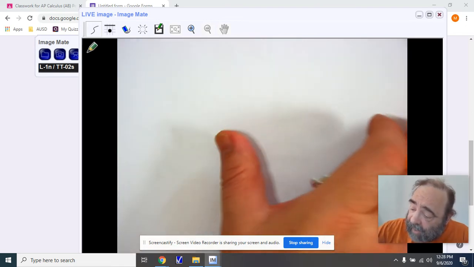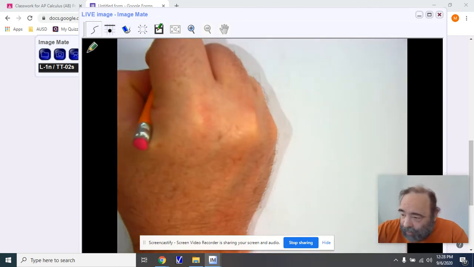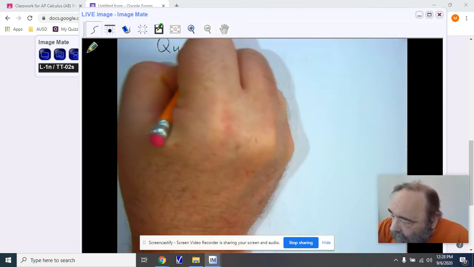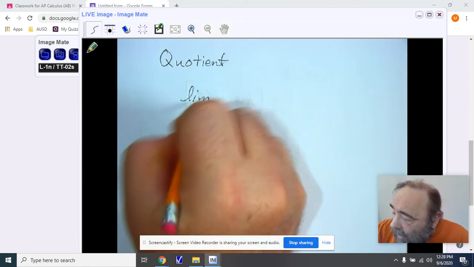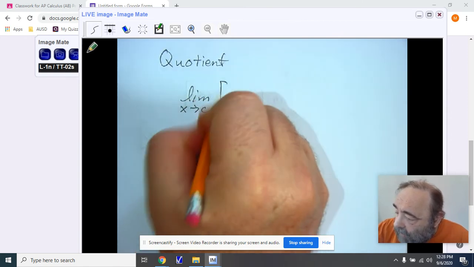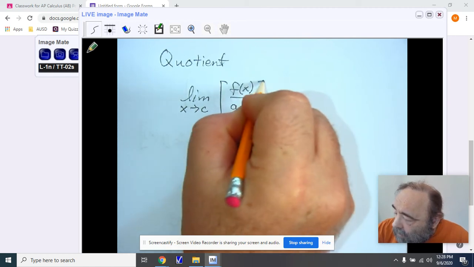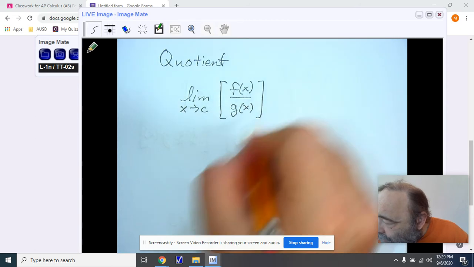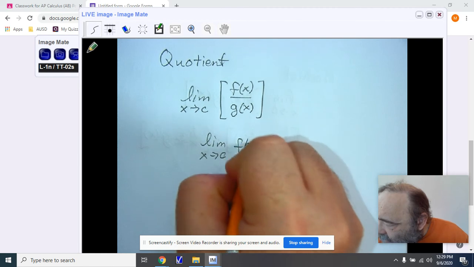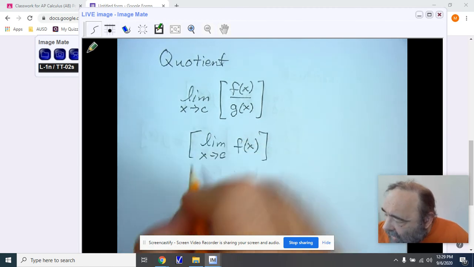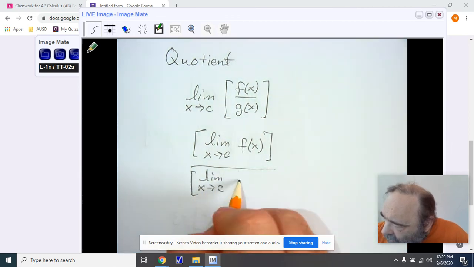Now, just because of our product, it happens that the quotient is also going to do the same thing. So if I have a quotient and I'm working with the limit as x approaches c for the function f of x over g of x, then I am really looking at the limit as x approaches c for f of x divided by the limit as x approaches c for g of x.